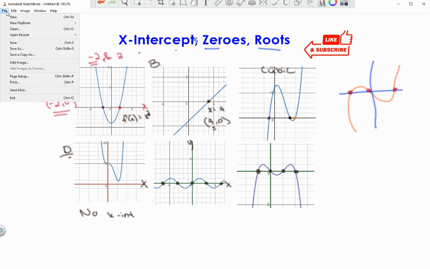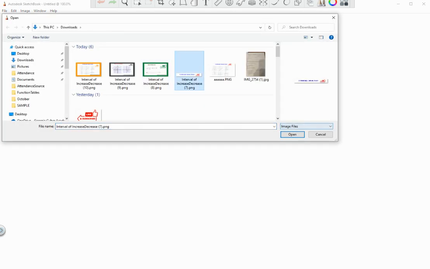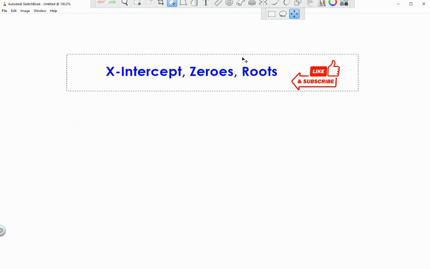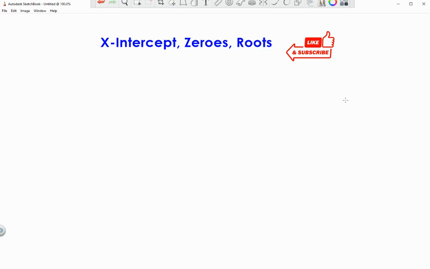So right now we will try to learn how to do the same thing using just plain equations. Okay, so let's get that material. So I'm going to come up with some random equations. Okay, and from now on, we will be finding the x-intercepts given an equation.